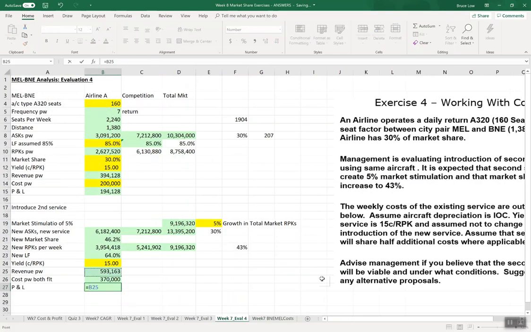Okay, and our P&L now is revenue minus costs is $223,000. So what are we doing? Let's see what growth in profit we've got. So we've got a 15% growth in profit by flying the extra service, even though our load factors are lower. We're getting a lot more revenue because we're getting more market share and we're flying additional services.